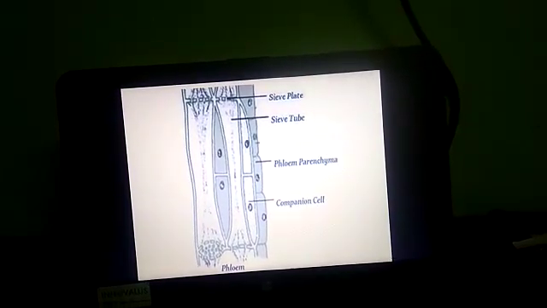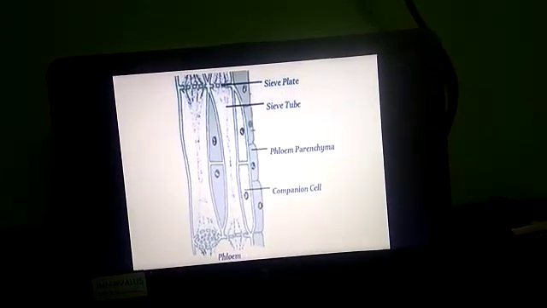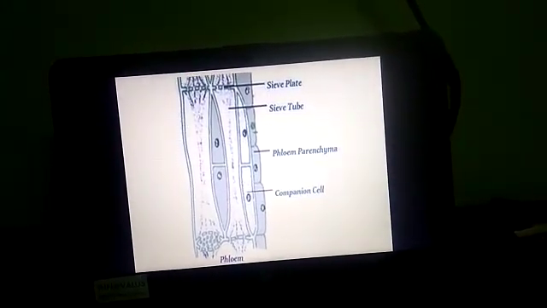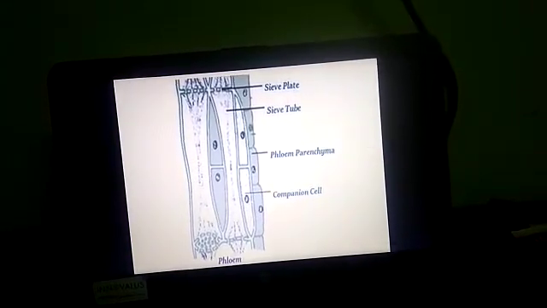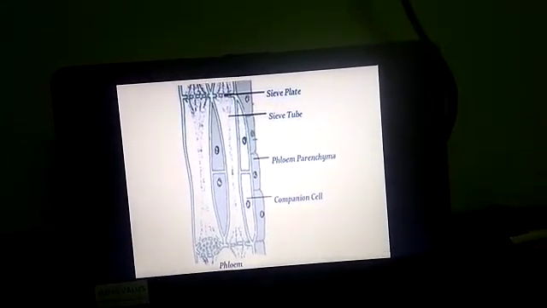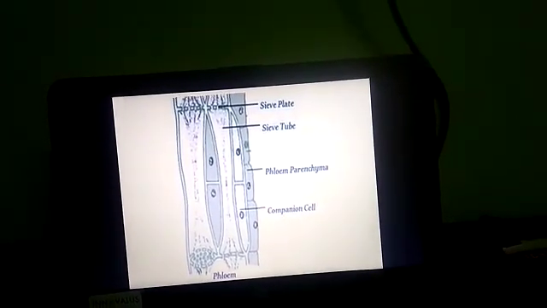And sieve tubes. What are sieve tubes? See, first if you see in the picture, first is the sieve plate. If we take the lateral section of phloem, we have first the sieve plate, which is a base or a division.